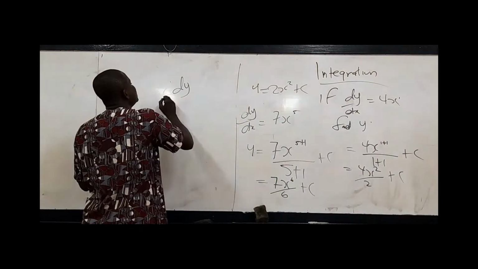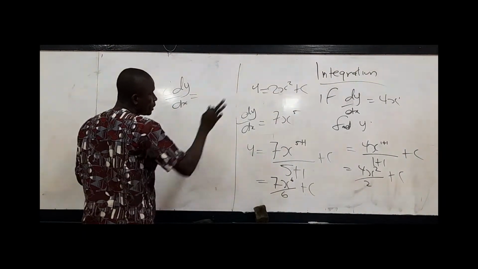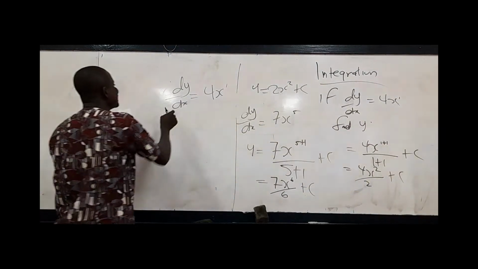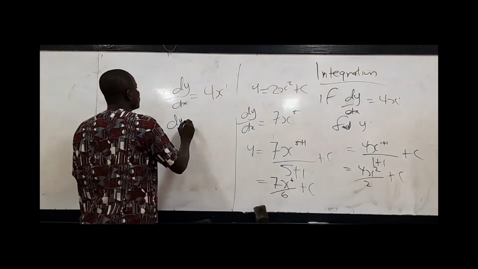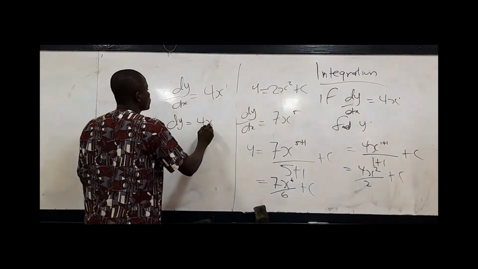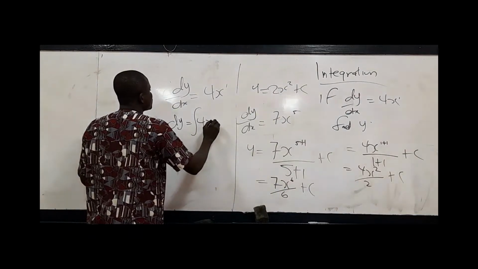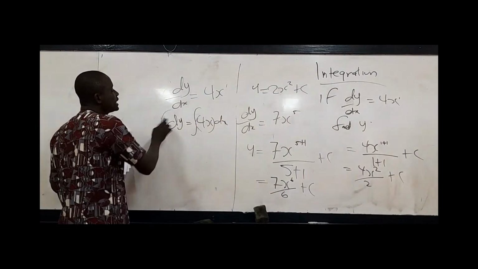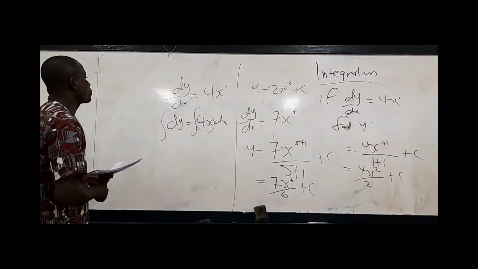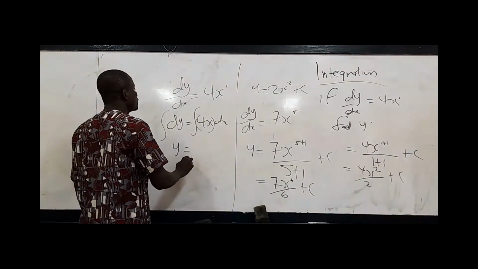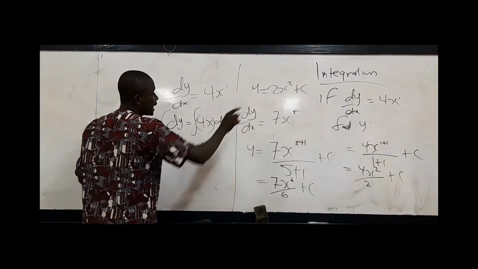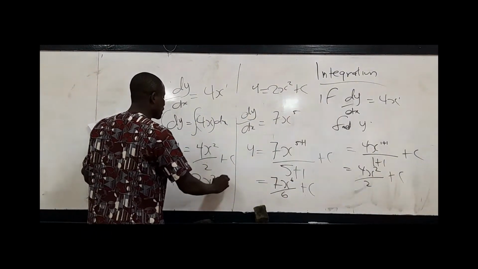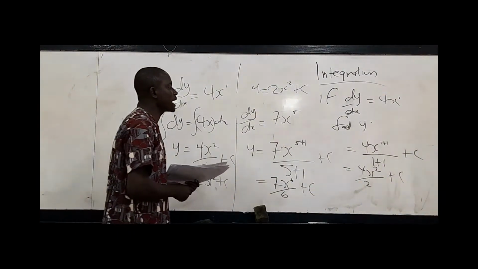If I have dy/dx equal to 4x to the power 1, the dx will cross over and it becomes dy equal to 4x dx. If I integrate both sides, this is y equal to 4 times x squared over 2 plus c, which is 2x squared plus c. Okay, that is how it goes.